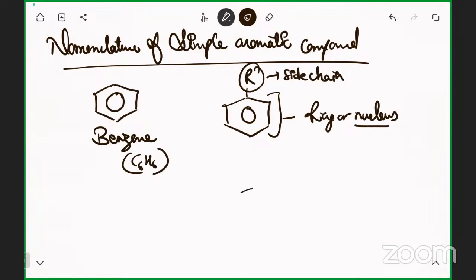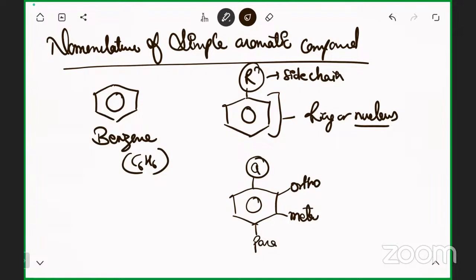Second thing: just imagine A is written over here. This position is known as ortho, this position is known as meta, and this position is known as para. In front of meta, again it's meta; in front of ortho, again ortho.